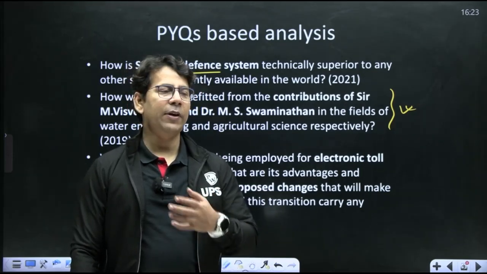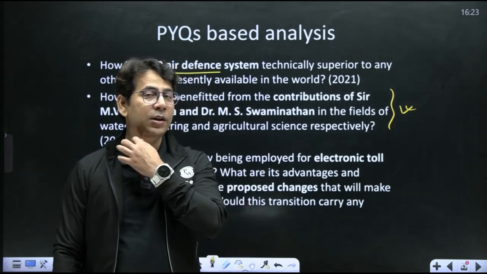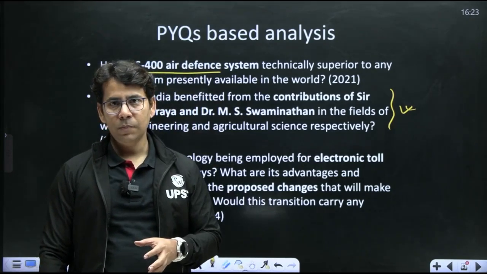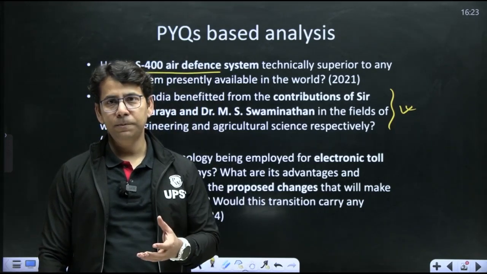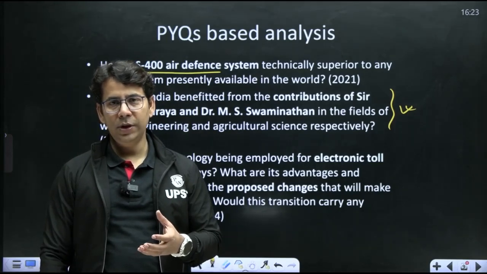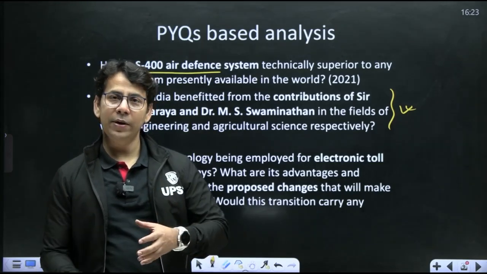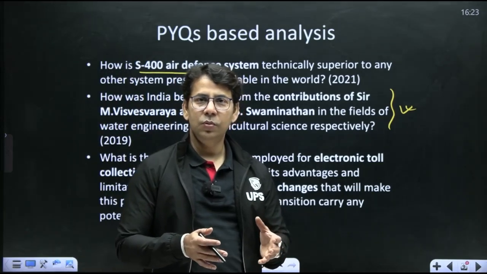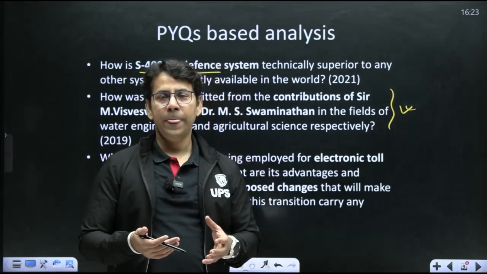For that matter, you need to understand the contribution of Professor Vikram Sarabhai, Dr. Homi Jehangir Bhabha, right? And Verghese Kurien and his contribution to Operation Flood, right? We need to know about them, right?